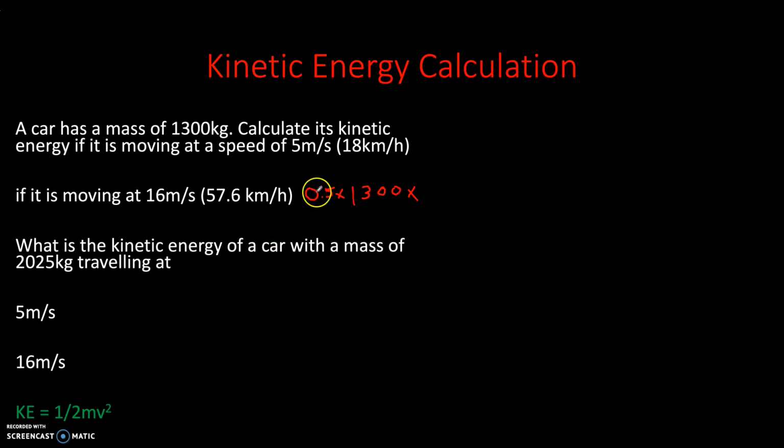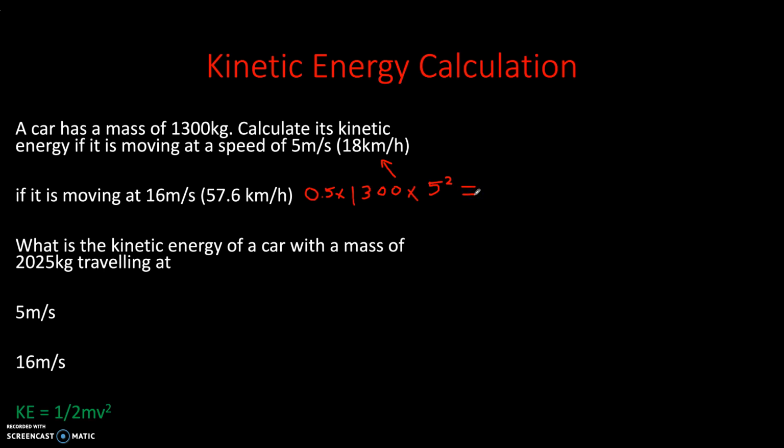Oh, my mistake. Okay, so this is for this question here. Multiplied by the velocity squared, 5 meters per second squared. We can just say 5 squared equals.